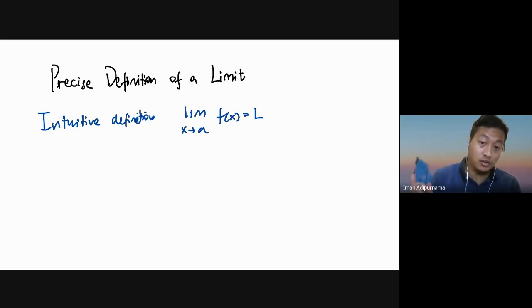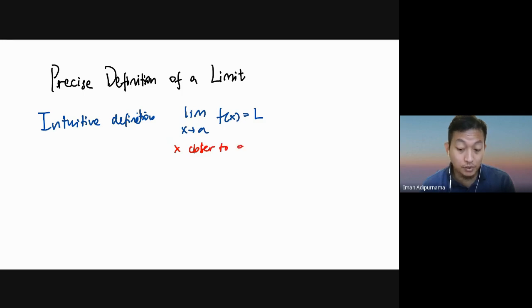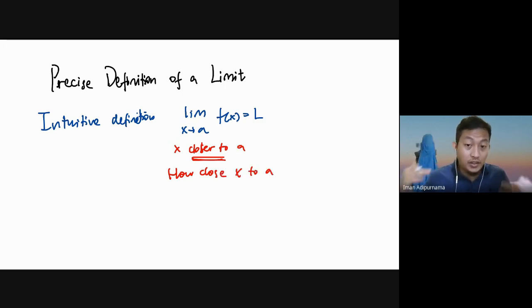But we need to know, when x is approaching a, how close x is to a. We say in the intuitive definition that it's really close.